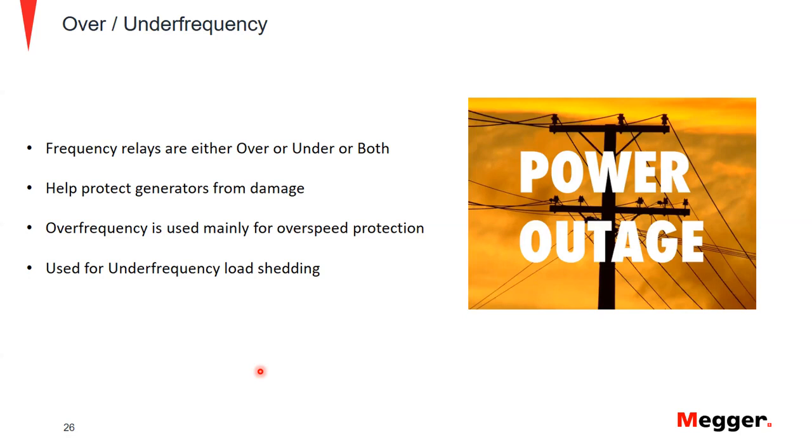And frequency relays help mitigate this by specifying which breakers to drop out from load, so we can still maintain some type of system stability, and then we will add load as we go to get back up to where we were before the fault occurred, or whatever that instance was. But the overloads can plunge the system into a total shutdown as well. Over frequency is mainly used for overspeed protection.